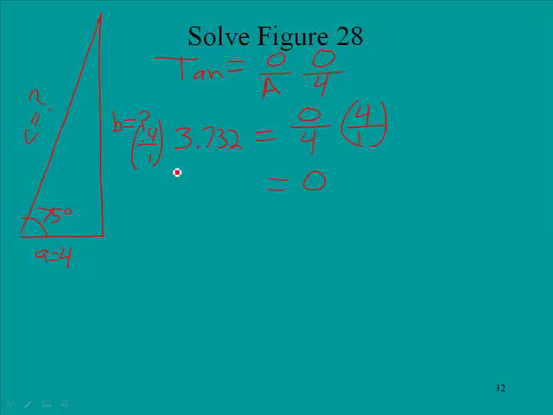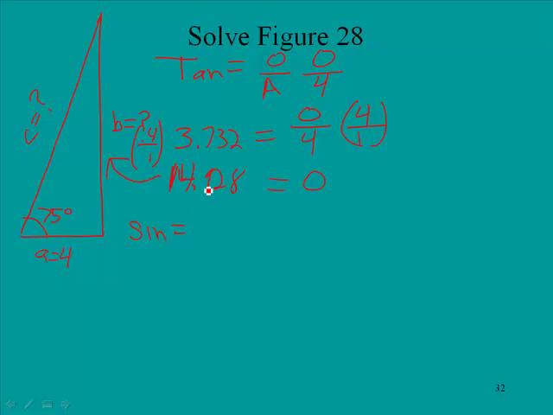Okay, 14.928. And we were solving for the opposite, so that is this value right here, 14.928. And now we need to solve for the hypotenuse. And we could use a sine function to do that.